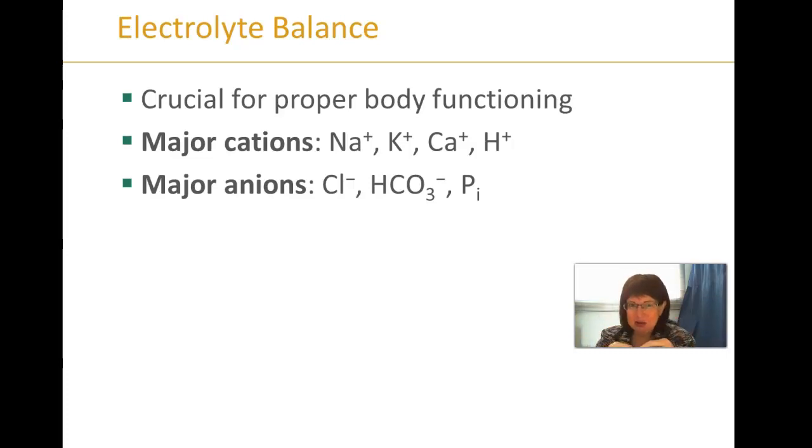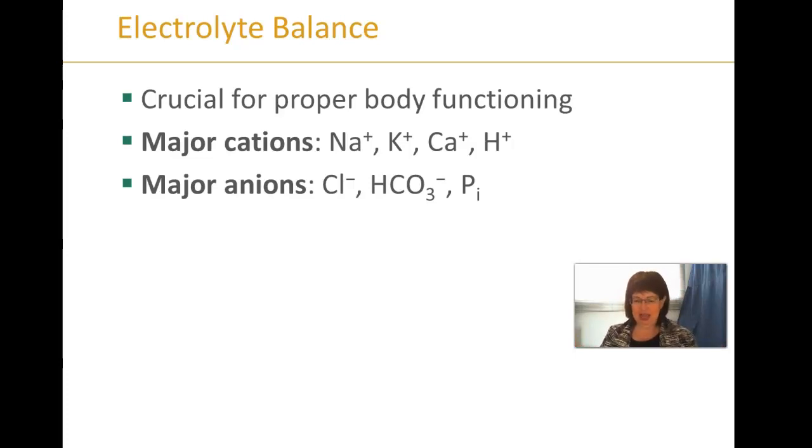It may sound like a lot of information, but we've already talked about these main electrolytes. The main cations are sodium, potassium, calcium, and hydrogen ion. Remember that hydrogen ion has to do with pH. The main anions are chloride, bicarbonate, and inorganic phosphate. And if you remember, you need to have the positives match the negatives to keep things balanced.